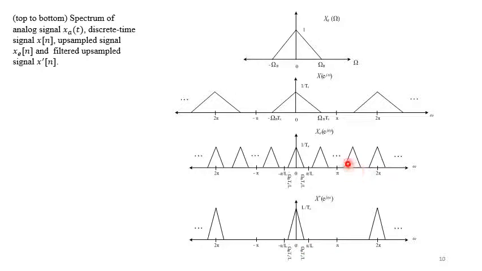You can easily observe that the replicas are now far away from each other compared with the original signal. Original signal means when we haven't done any upsampling: before upsampling the spectrum is like this, and after upsampling it is this. So you can see that it is compressed in frequency.